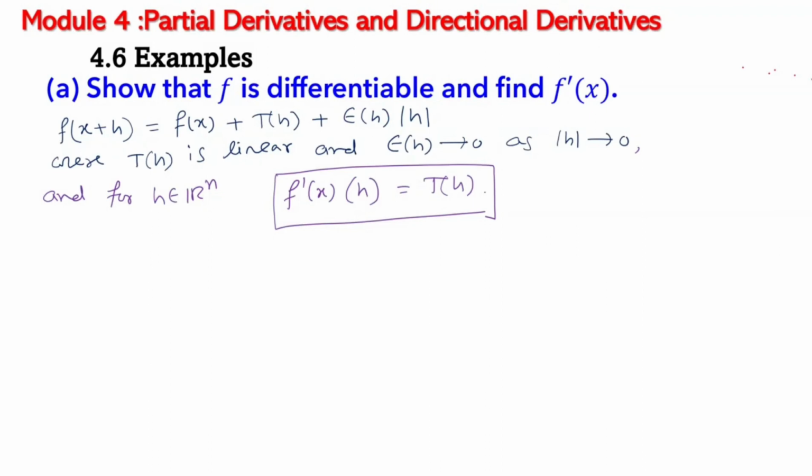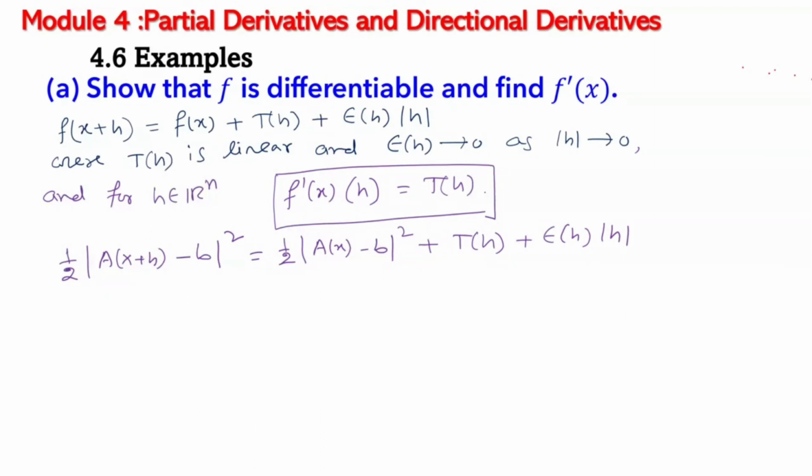So from this, in this case f of x plus h is half of the norm of A x plus h minus b, whole square. So this is equal to half of Ax minus b whole square plus th plus epsilon h, absolute value of h.